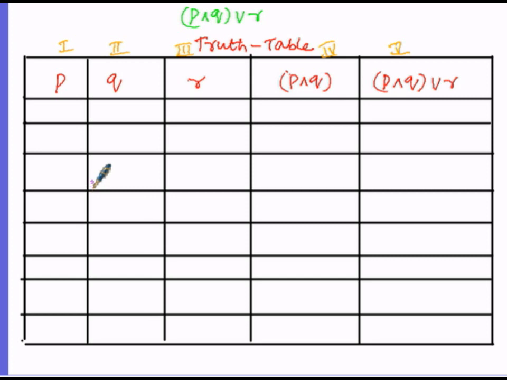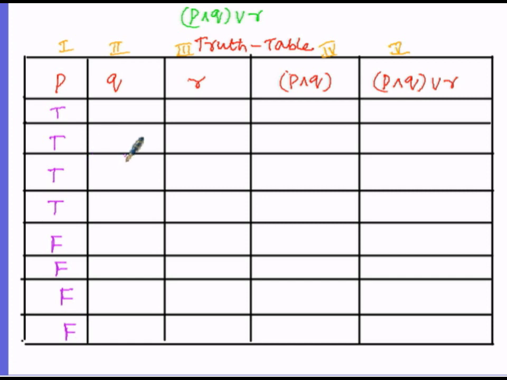First of all, let us assume the first 4 truth values of the statement P as true and the remaining 4 as false. Now, to assume the truth values of the statement Q: in the first case we have assumed 4 truths and 4 falses, so half of the 4 is 2.